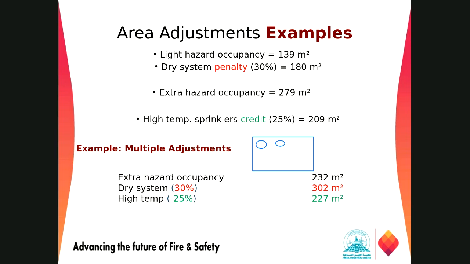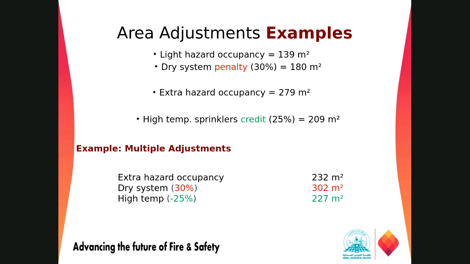In high temperature sprinkler, only one or two sprinklers will activate and it will control the fire. But if we have low temperature sprinklers, maybe more number of sprinklers will activate in case of the fire due to the heat. This is the idea behind the high temperature sprinklers, which we call credit. Now it's clear. Okay.